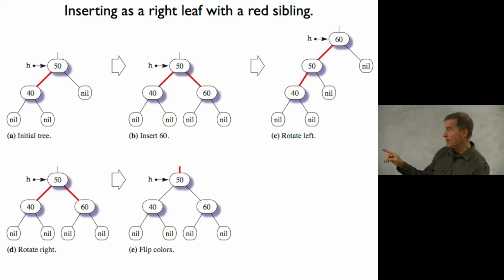Okay, so boom. And now what's happening? What's going up? A red. Now look, you guys, a red is being propagated up. But look, don't you see? That's exactly the same situation as if we inserted a red at that point.